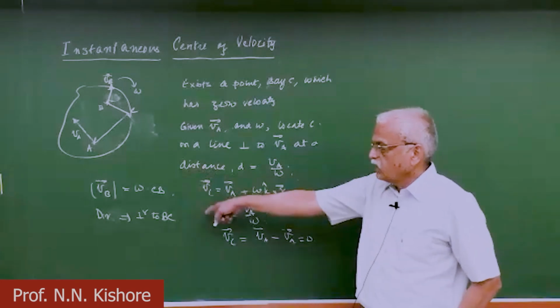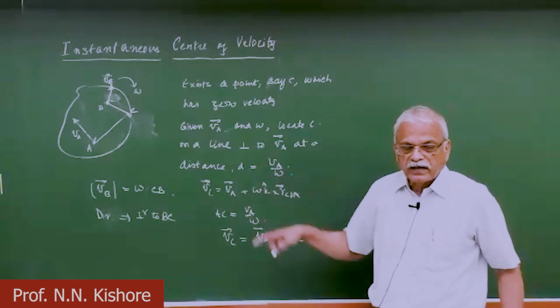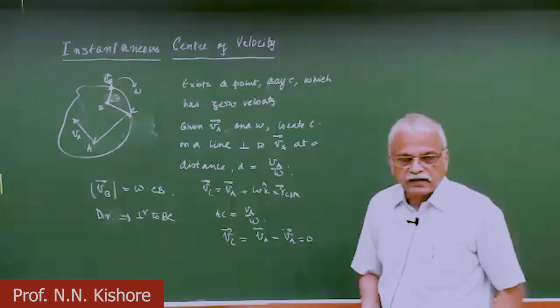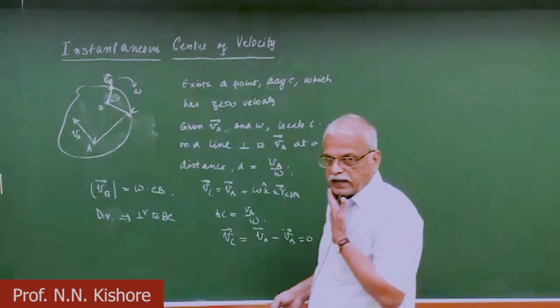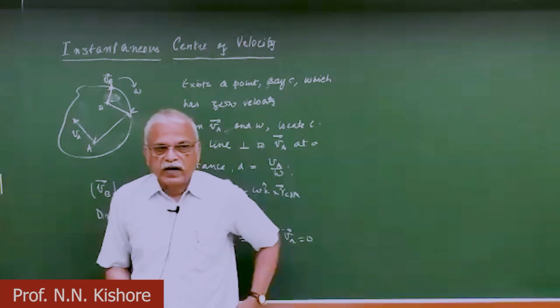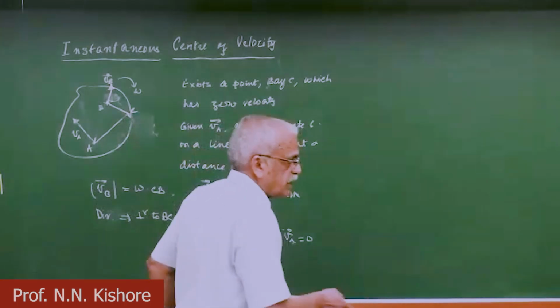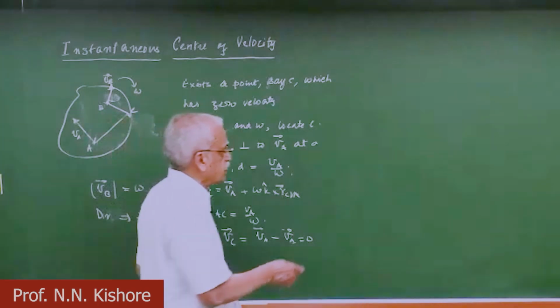And so this is knowing VA and omega. But on the other hand, many times we know VA and we may not know the omega, but we know the direction of the velocity of another point. Then again, we know that C is going to lie on lines perpendicular to these velocities.